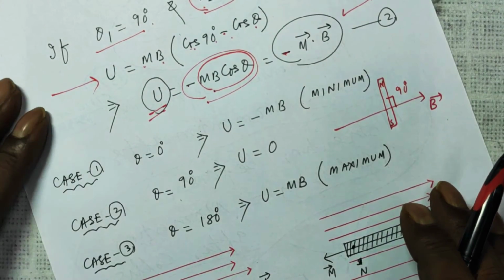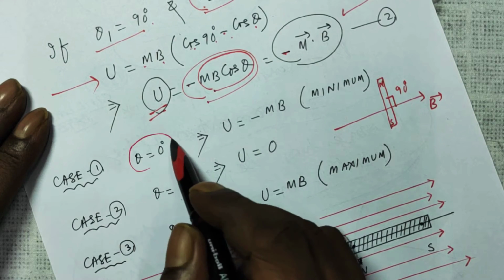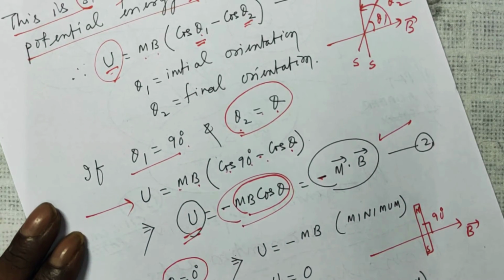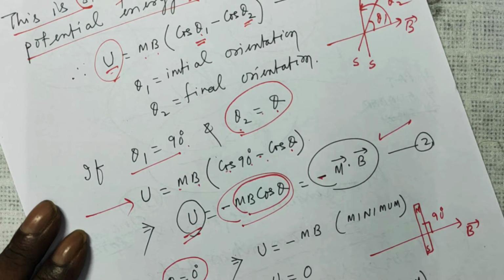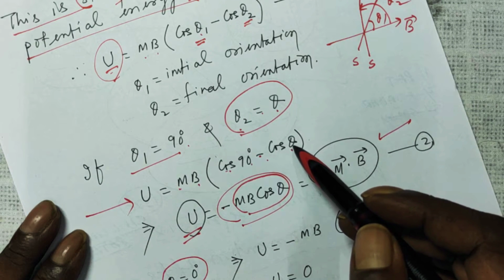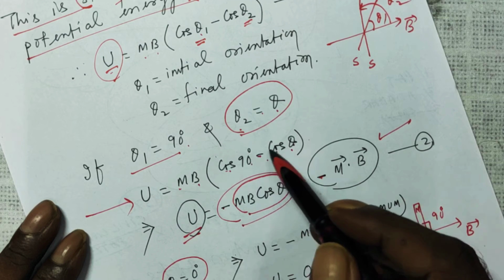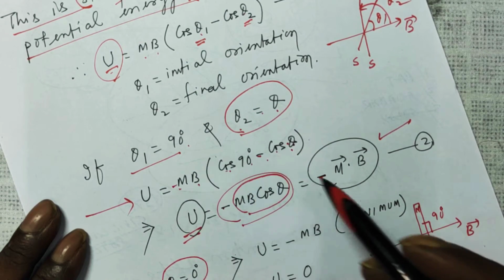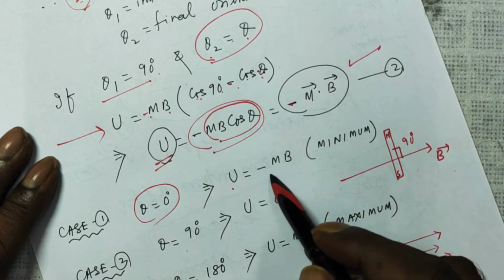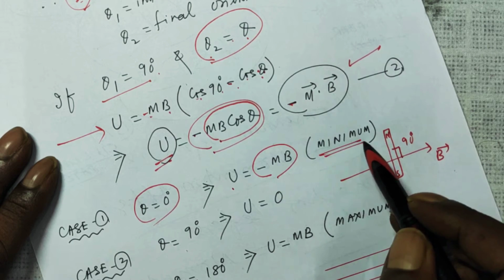Now there are cases. Case 1, if theta is 0. If you put theta is 0 here, cos 0 is 1, so minus MB. So your potential energy becomes minus MB, that is the minimum.